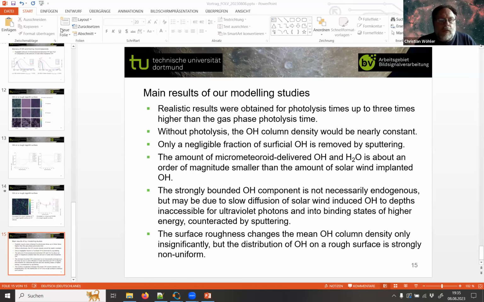And I must say, my knowledge is also limited to which extent these processes transition into each other when the surface gets illuminated.